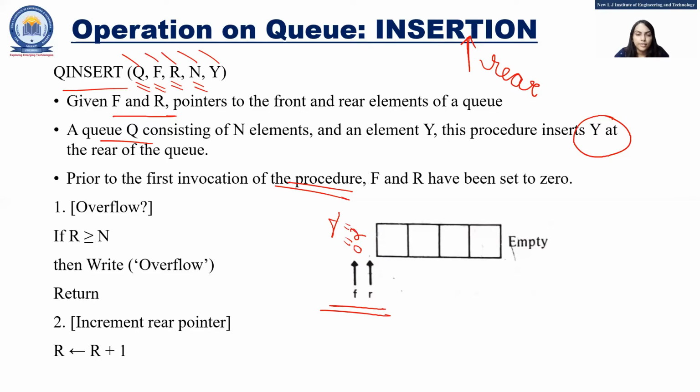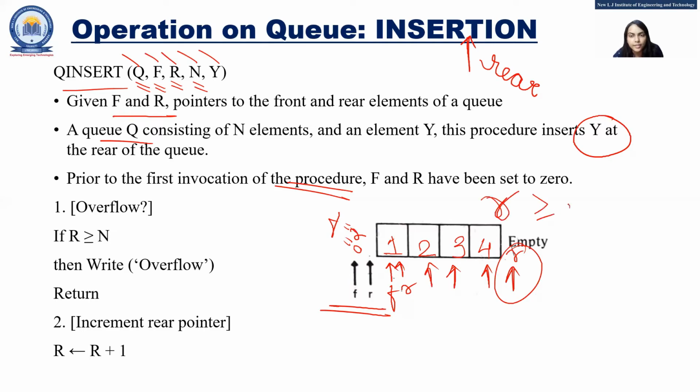Whenever we insert, for example if we insert 1, F and R are incremented, insert 2, R incremented, 3, R incremented, 4, R again incremented, and now while trying to insert at location 5, it gives an overflow condition. If it is full, that means the pointer R is greater than or equal to the size.